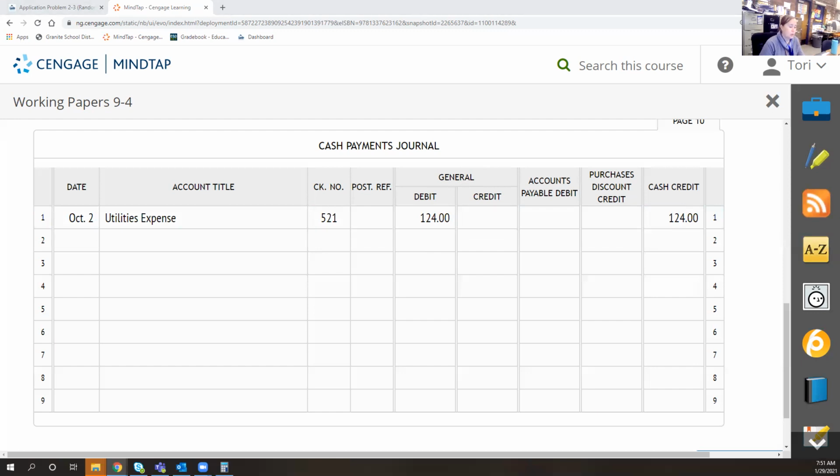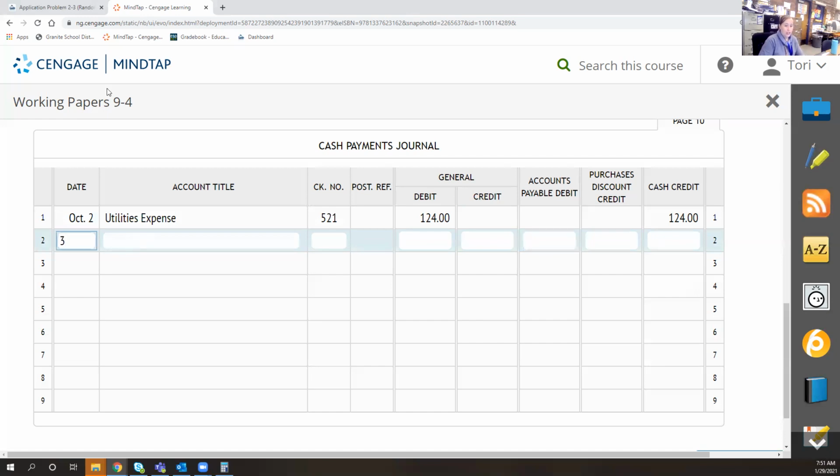Okay, the next one, we wrote a check on an account. So right here, I already know that it's going to go into the accounts payable column. On an account for Gregg Manufacturing Corporation, covering the purchase invoice of $532 for $1640, but we got a 2% discount because we paid it off early. Check number 522. So this one's going to get fun.